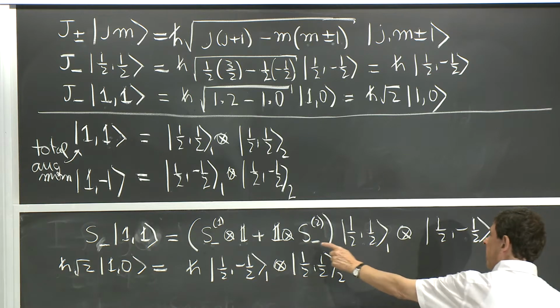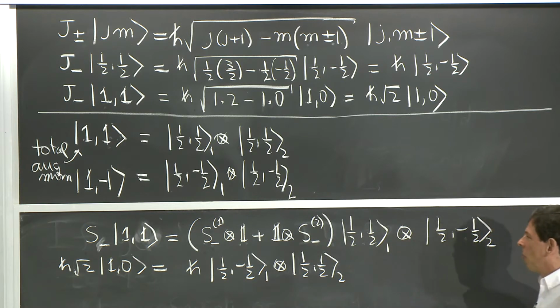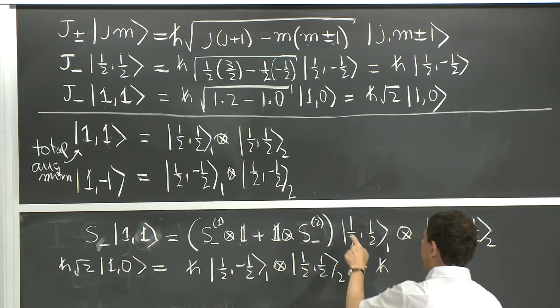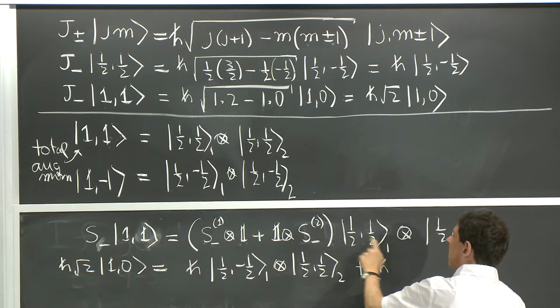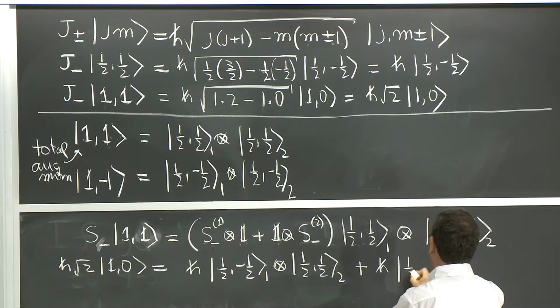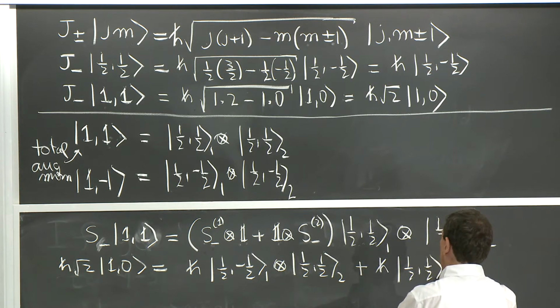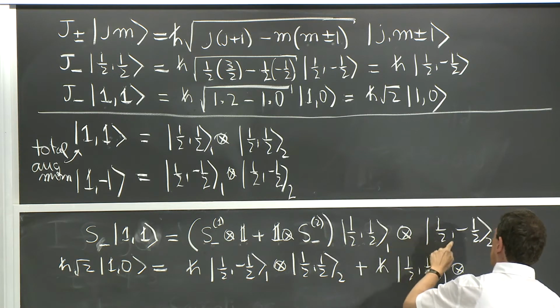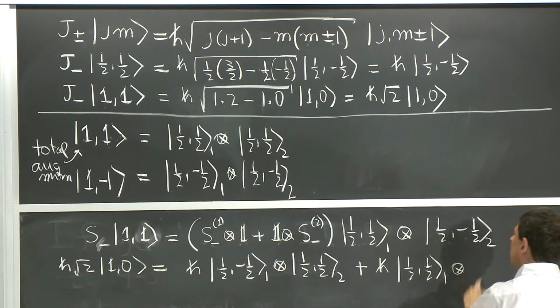And then the lowering operator here, the second one, will give you plus another ħ. The first state is not changed because the identity is acting on it, |1/2,1/2>_1, but the second is changed because S minus 2 is acting on this second one.